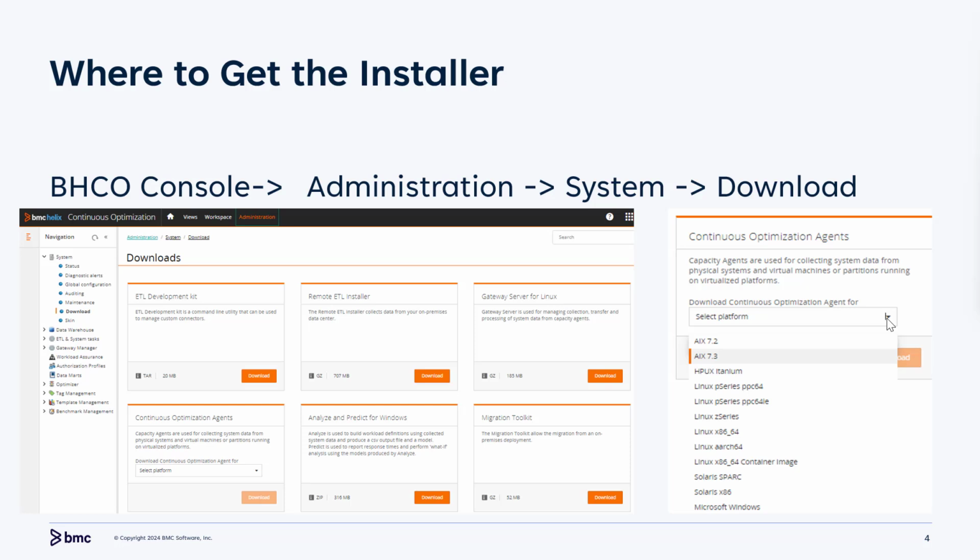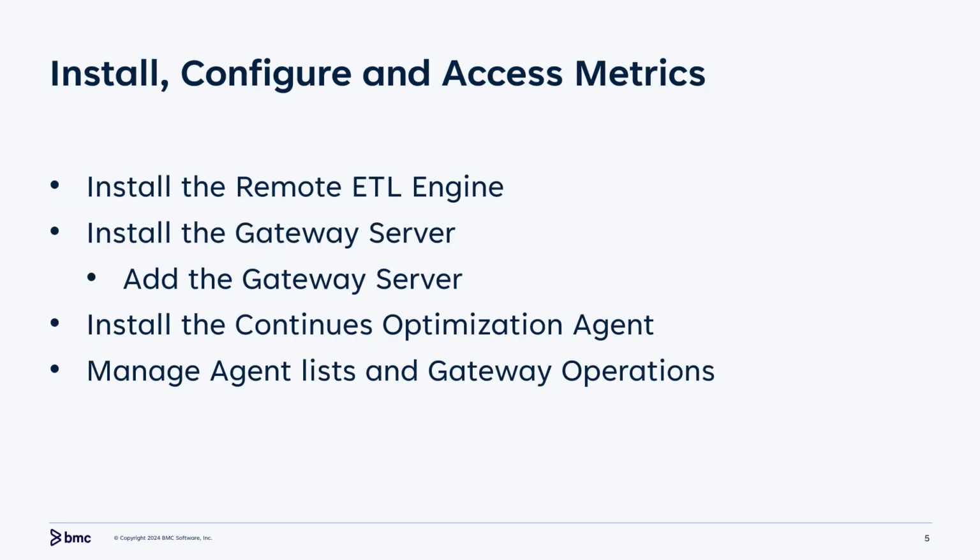Downloaded files will be on your local system. Copy the downloaded files over to the Gateway Server machine. You may refer the BHCO document for the system requirements for each of these components. First, install the remote ETL engine.